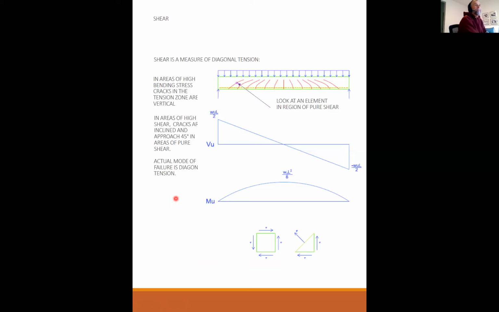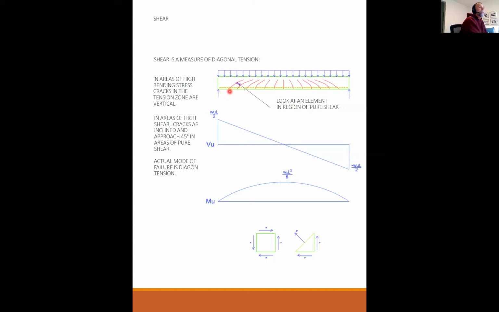Okay, I guess not. Well, what's important is that the beam does not want to fail in a vertical plane. That's not how it's going to fail. If you took steel or even wood and you apply a pure shear to it, then it would shear. It would just fail along that surface in a vertical plane.